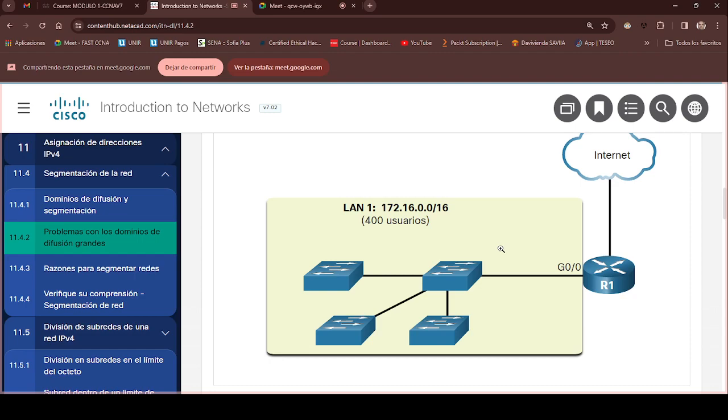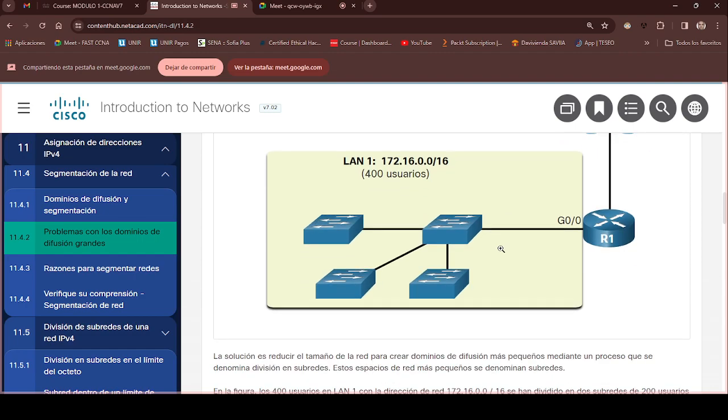Eso está bien con los dominios de difusión, pero resulta que cuando tengo redes o dominios de difusión muy grandes, imagínense, por ejemplo, una compañía donde los computadores se apagan y se encienden todos a las 7 u 8 de la mañana, y son 400 o 600 equipos. Si tengo en un solo dominio de difusión a todos esos equipos, van a enviar broadcast al mismo tiempo.